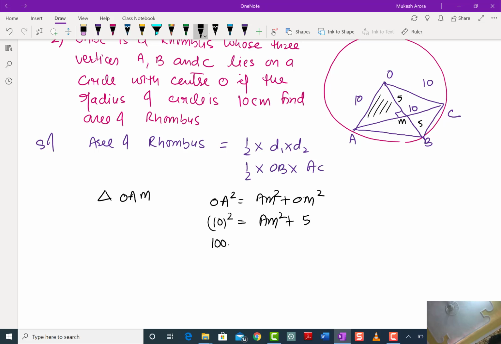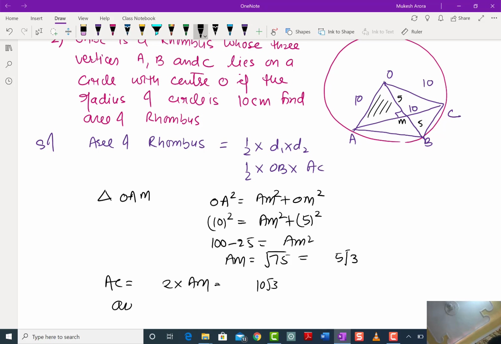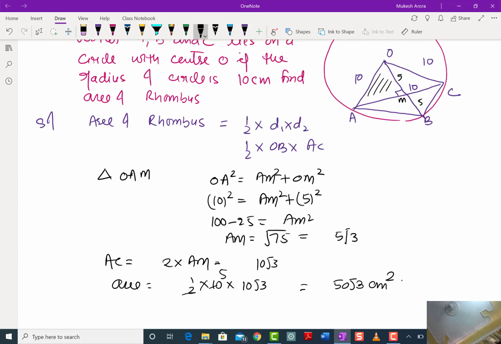So 100 minus 25 is equal to AM square. So AM is equal to root 75, that is 5 root 3. But we need AC. AC is twice of AM, that is 10 root 3. So area will be equal to half into 10 into 10 root 3. This is 5. 50 root 3 centimeter square.